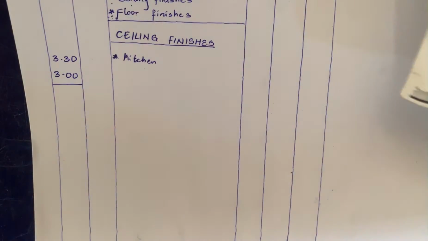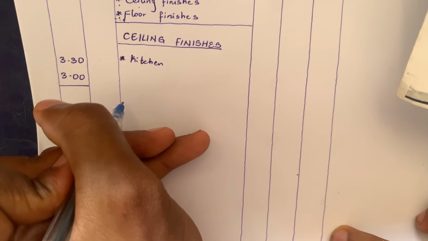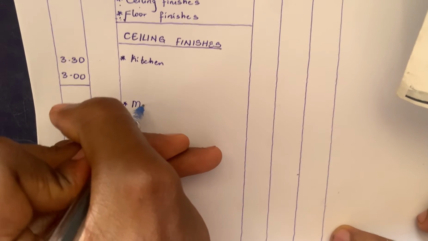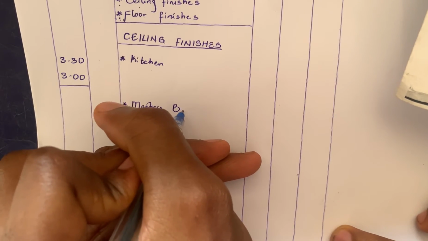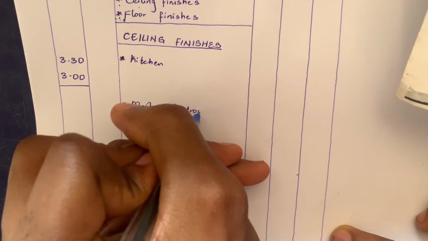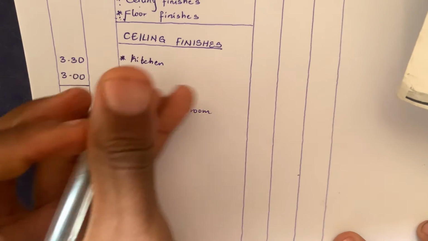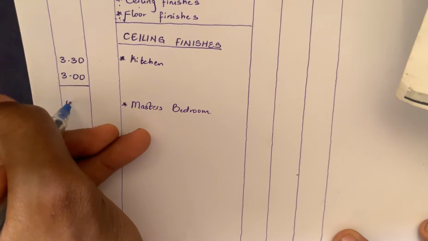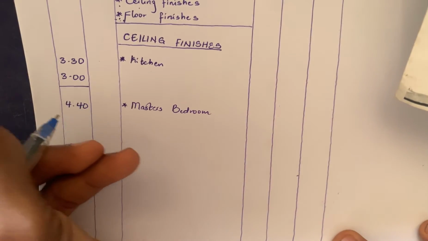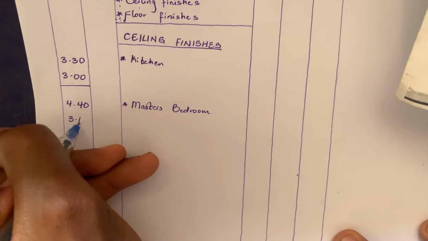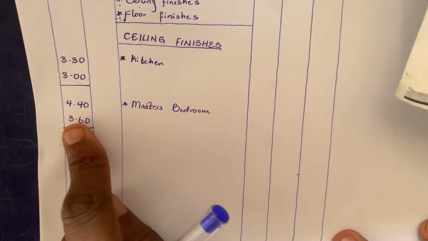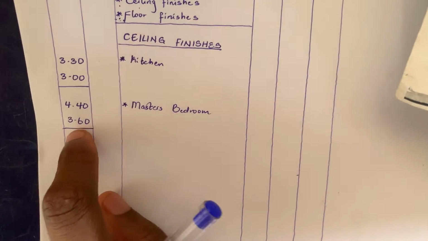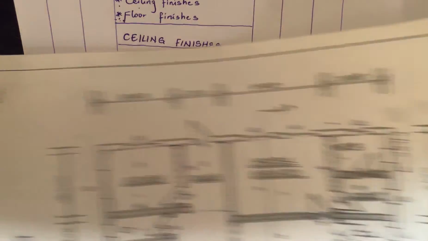So we book. Doing this, we've booked for the master's bedroom. Then the next one we'll book for is the master's toilet.